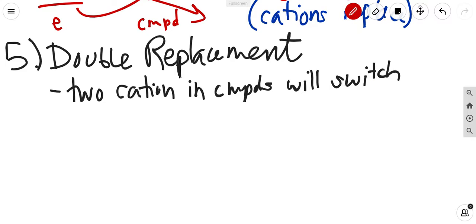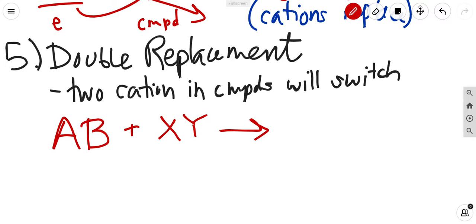So the general form of this looks like AB, there's one compound, plus, let's put XY, there's my other compound, yields, well, the cations are going to switch. So A is now going to be with Y, X is now going to be with B. Notice a couple things.